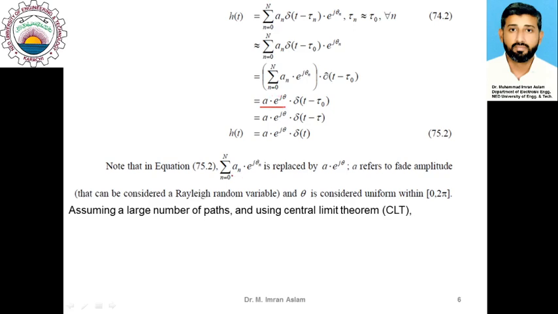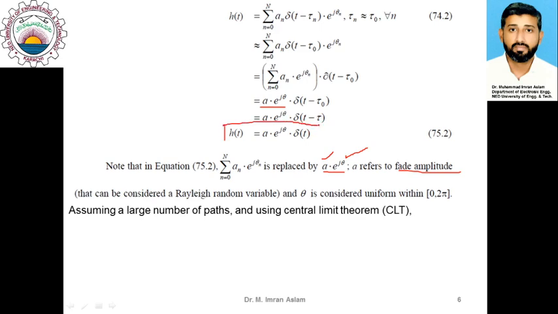So this summation is replaced by a e raised to j theta, which generally refers to the fade amplitude. A is representing the fade amplitude, and theta is the received phase angle.